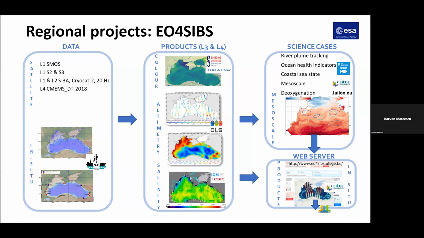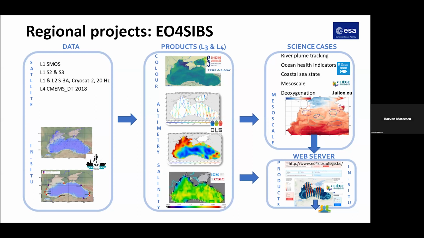And for this project, for AO4SIPS, called Earth Observation for Science and Innovation in the Black Sea, a European consortium was focused to develop and make better refinement of the satellite or in situ data, in order to obtain better products for ocean color, altimetry and especially salinity, because here, as you know, there is a strong input of the Danube River and salinity.